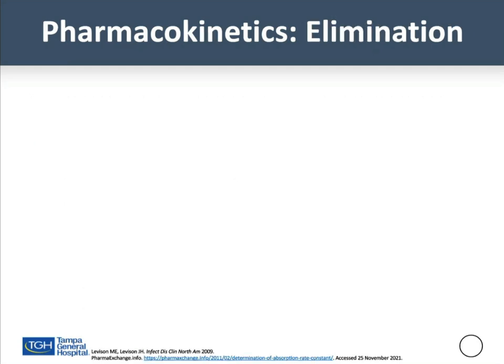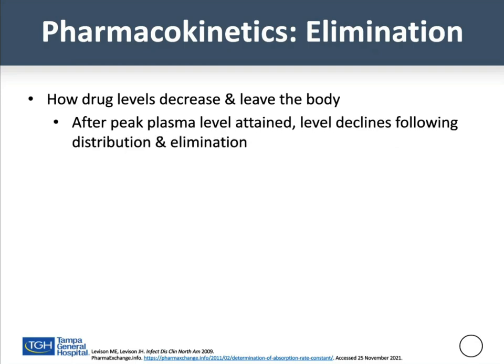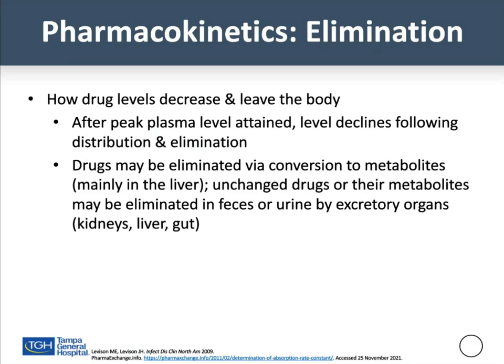And then lastly, elimination. So this is how drug levels decrease and are eliminated or leave the body. Once we hit that peak plasma level at some concentration, drugs will decline at a certain rate. These rates can differ depending on the particular drug and if it's going via a renal route or not, if a patient has renal dysfunction.